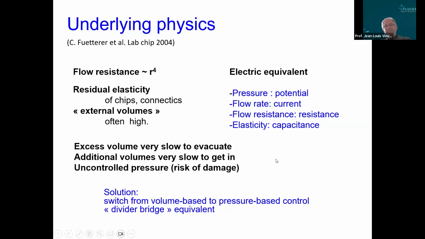Essentially, in a very practical way, and without going to any equation, the idea behind that is that when you stop flow, for instance, you stop your syringe pump, you have additional volume which is stored in the elasticity of all the system, and this volume is very slow to evacuate when you stop the syringe because of the high resistance.